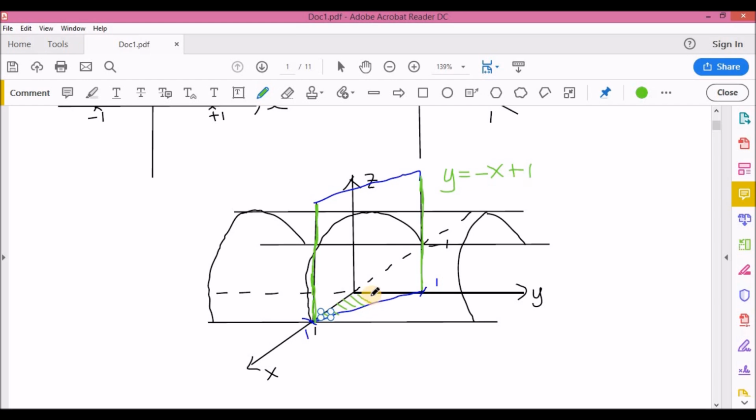Okay, this one will be the xy plane, and the yz plane will be here. This is the yz plane, and the zx plane will be here.